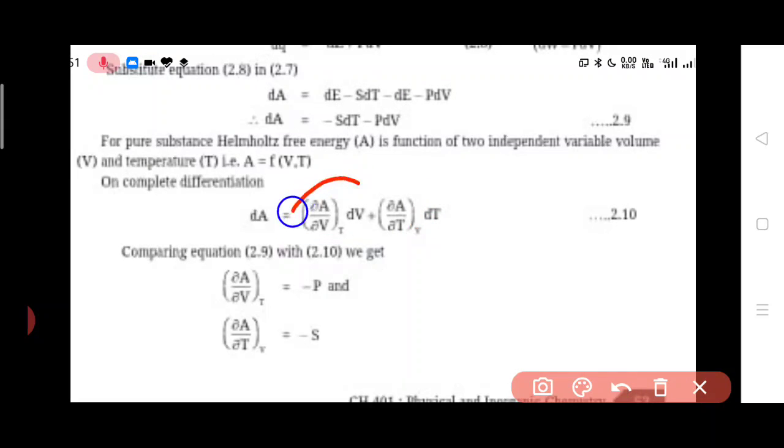So this bracket will be equal to minus P, and this bracket will be equal to minus S.